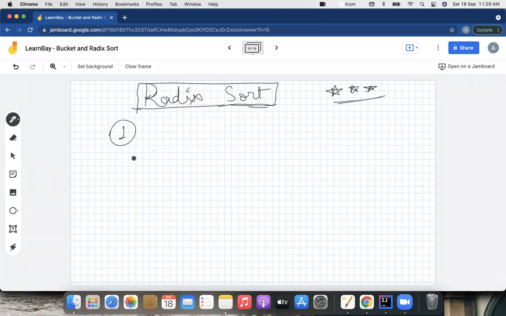So let's say you have an array. I will explain this with an example. Let's say you have these numbers: 123, 111, 12, 1, 89, 99.